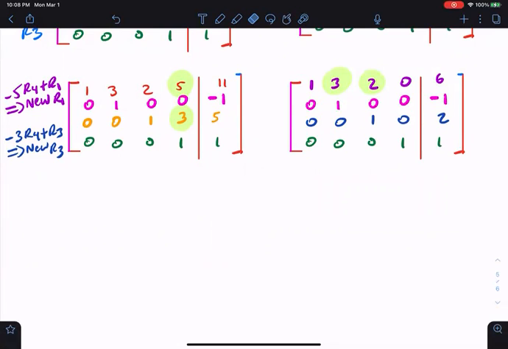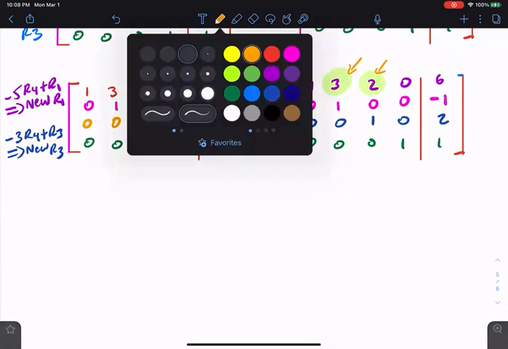We were saying that we need to get rid of those numbers, the 2 and 3 in green. You can multiply the row, but let's do one step at a time, like I said before, just to play it safe.